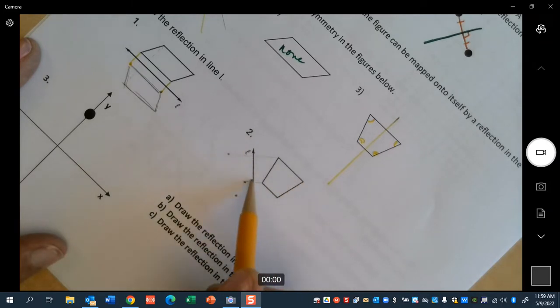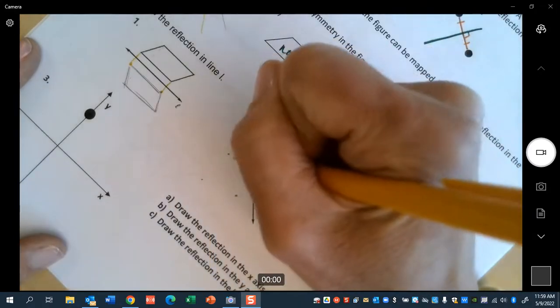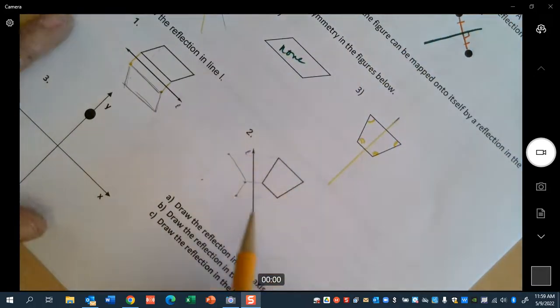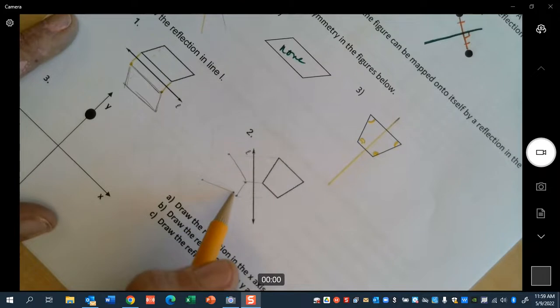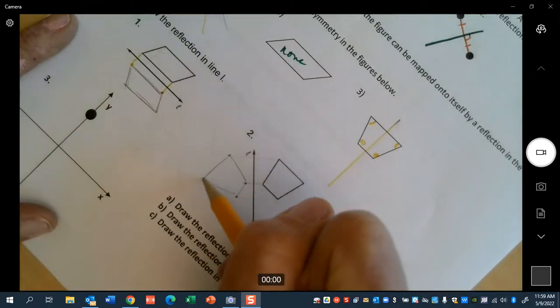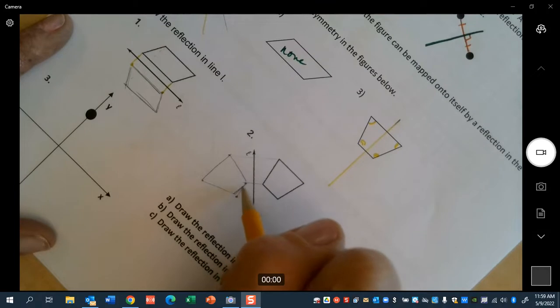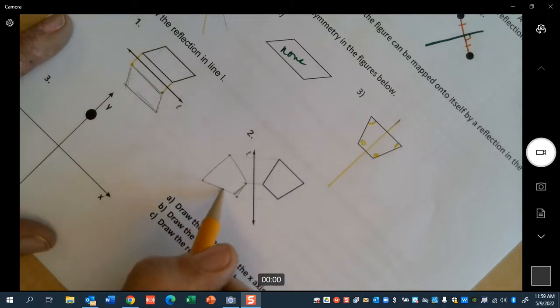And if I go across the same distance, that's that vertex. So when I look at that reflection across a diagonal line, I can still see that relationship. Kind of cool, yeah?